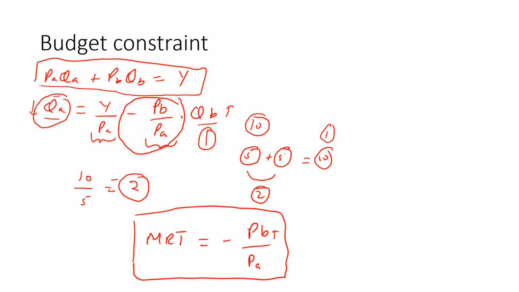Let us see some other perspective about this budget constraint. Again, let me write this equation. QA is equal to y over PA minus PB over PA into QB.